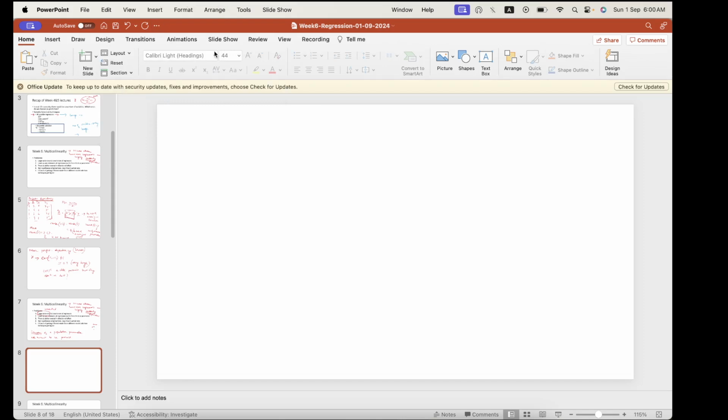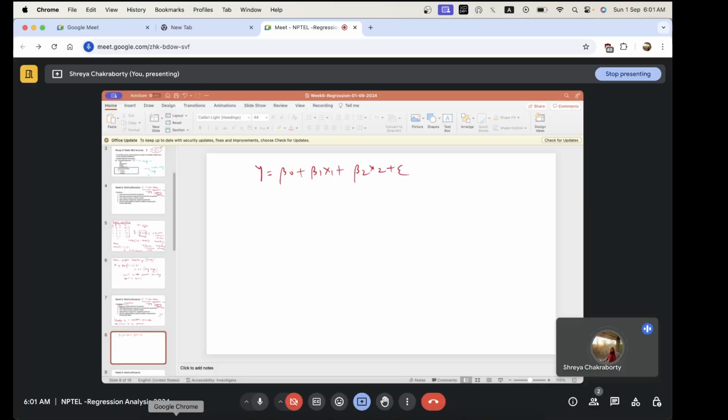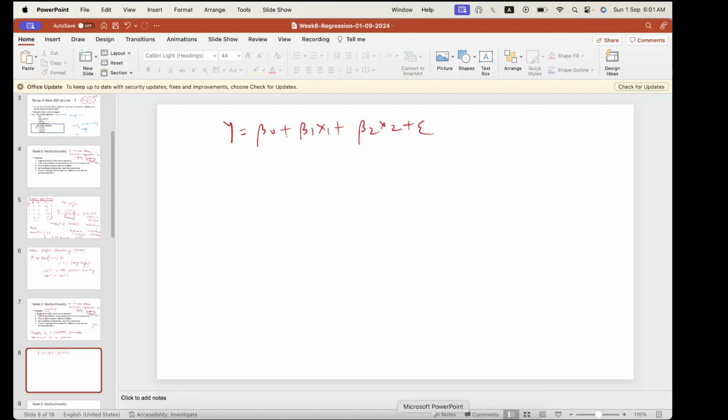if we have, let's say, something like this, y equal to beta naught plus beta 1 x1 plus beta 2 x2 plus epsilon, so let's say this is our model in hand, for i equal to 1 to n. Then the model matrix, or the X matrix, will be this thing: it will be 1, 1, 1, 1, 1.